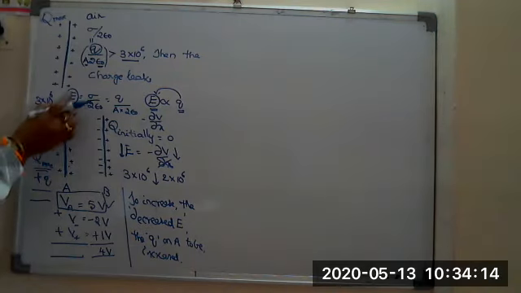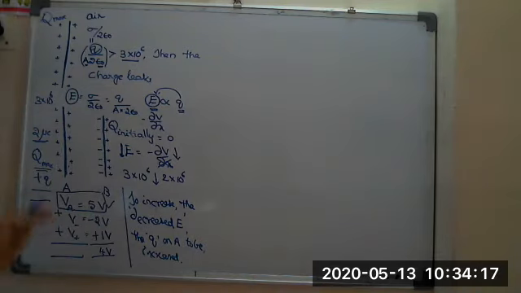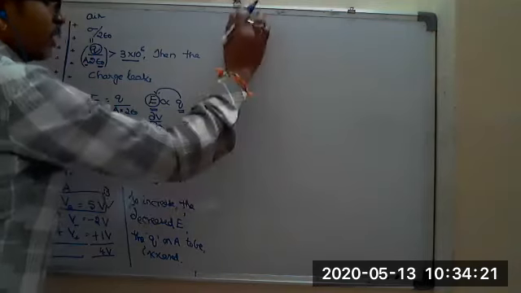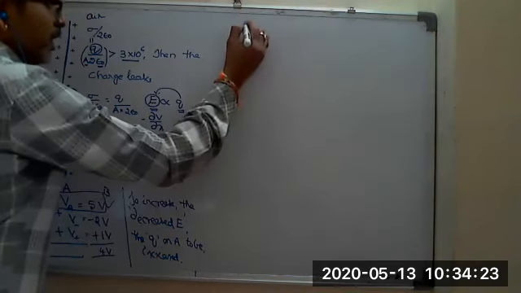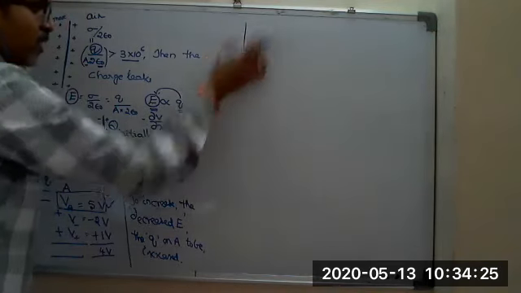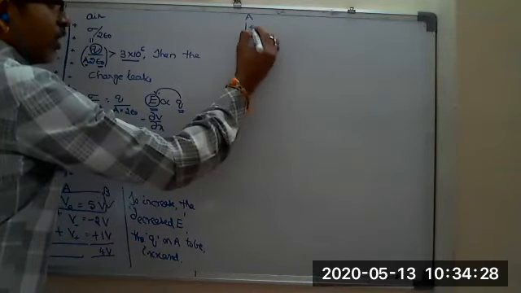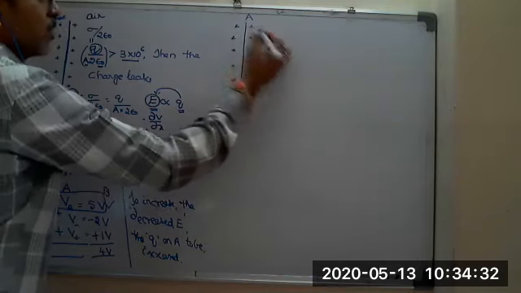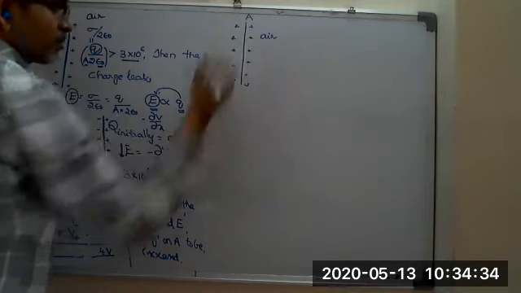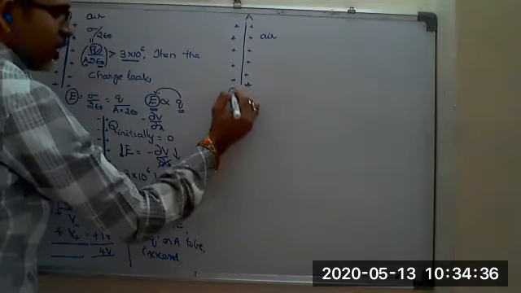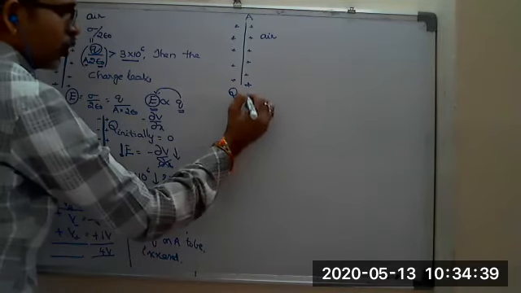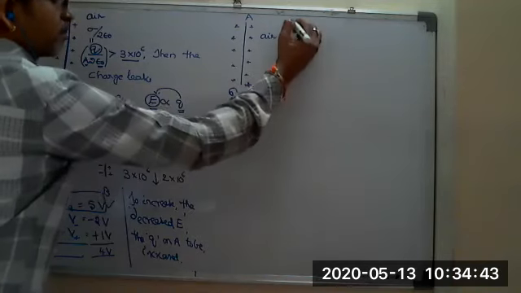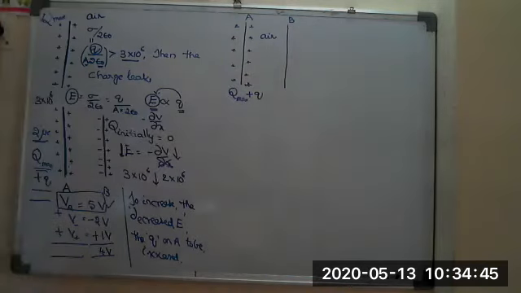Look here, it is taking more charge without changing the surrounding medium and without changing the dimensions of the plate A. I increased the charge from Q max to Q max plus Q just by placing another plate B, a neutral plate.